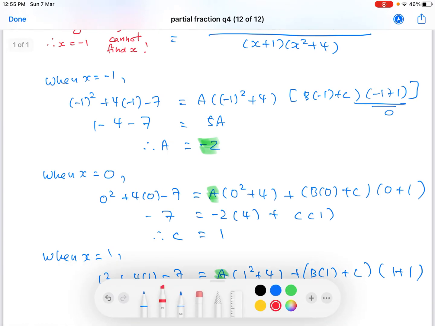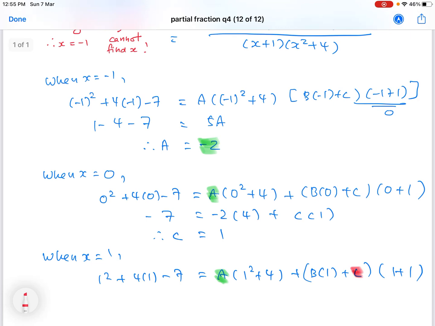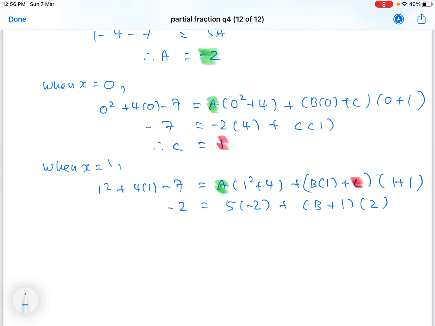Our C value, we already found it just now also, so we also put it in. Over here we can simplify. 5, then our A is minus 2, and then we will have our B, and our C is 1, and this one is 2. When we simplify, we will get our B to be equal to 3.